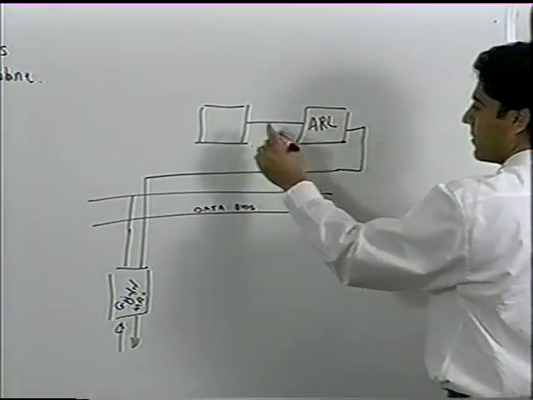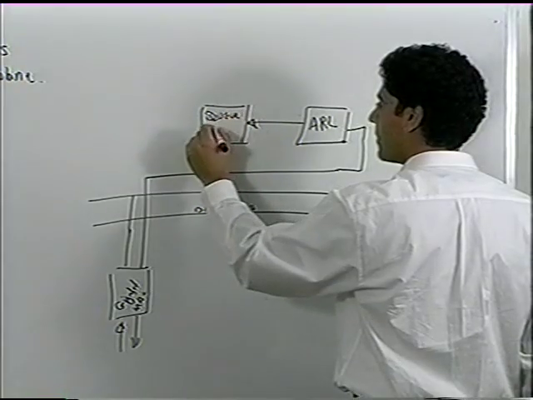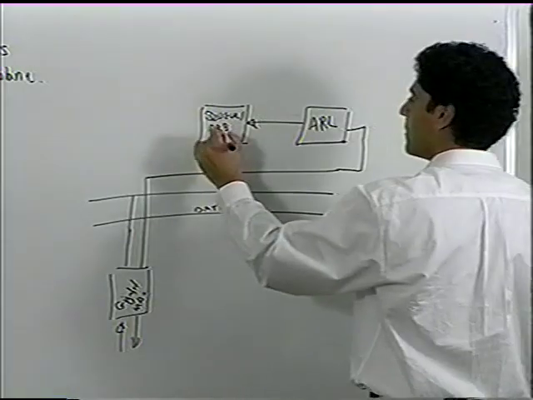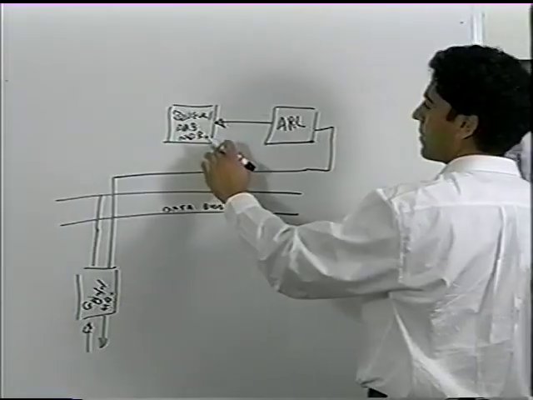This is the address resolution logic, and this is what we call our queue slash arbiter management.